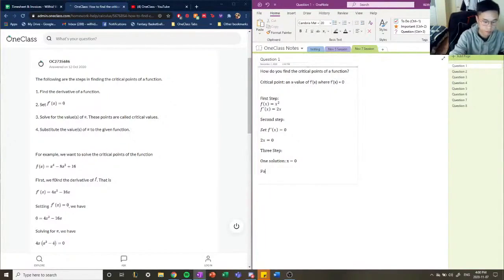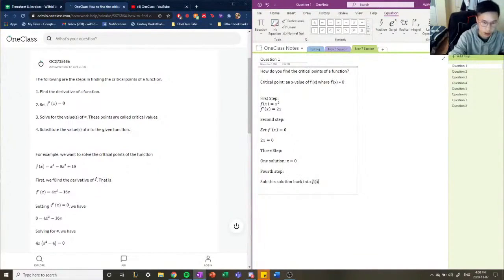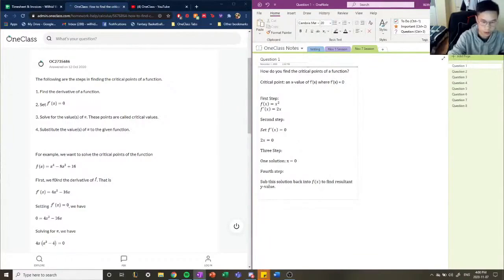So the fourth step is sub this solution back into f of x to find the resultant y value. Once you sub it in there, that is your critical point, and that critical point corresponds to the fact that at that point the behavior of the graph is neither increasing nor decreasing. So the slope is 0, basically.